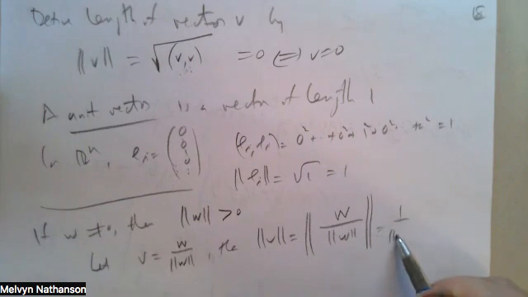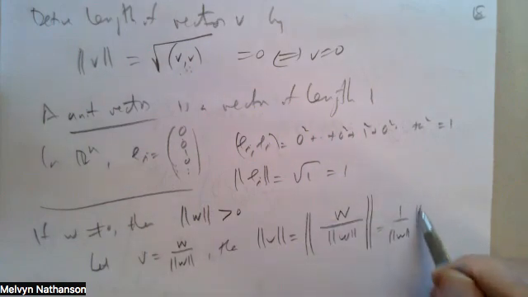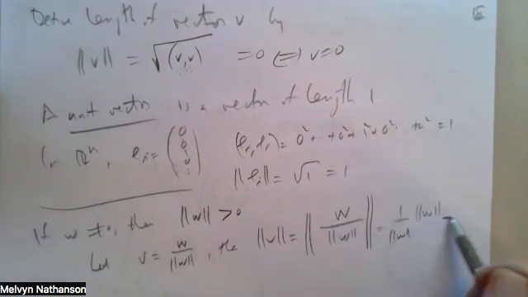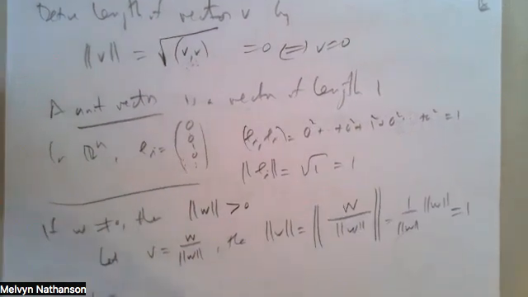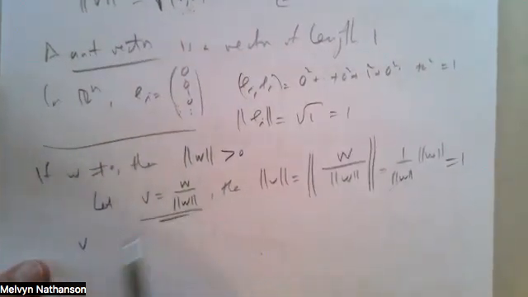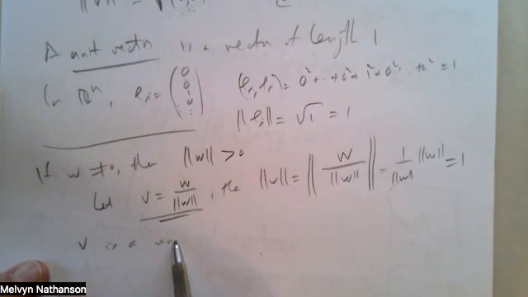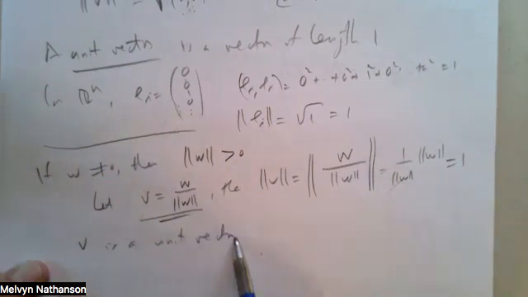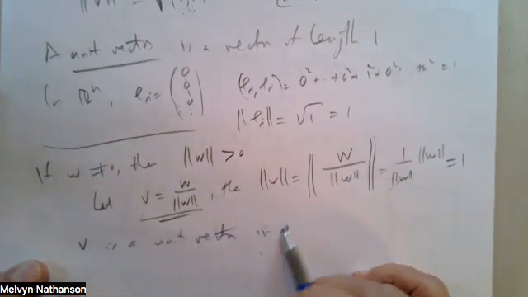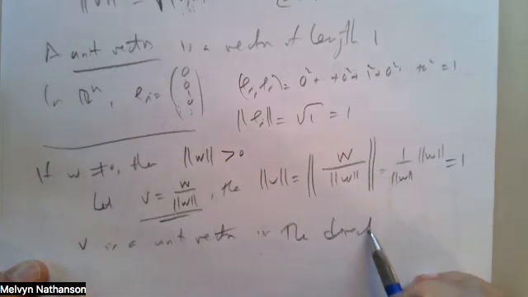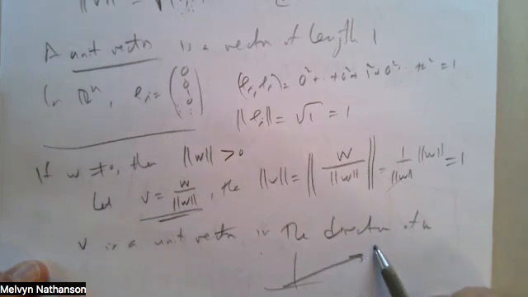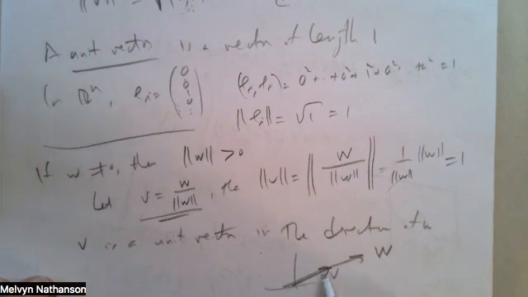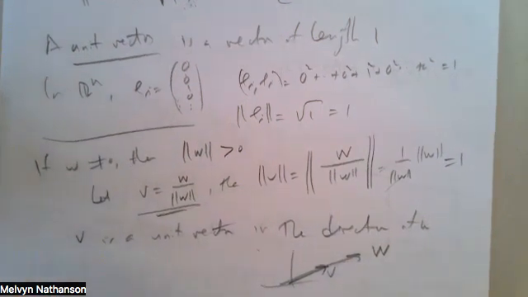This is 1 over the length of w times the length of w. These cancel. This is 1. So v is what we call a unit vector in the direction of w. So here we have v, here we have w, and if you divide it by its length, you get a unit vector of length 1, but pointing in exactly the same direction.